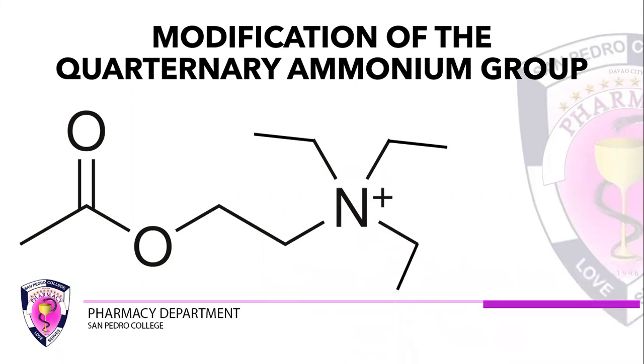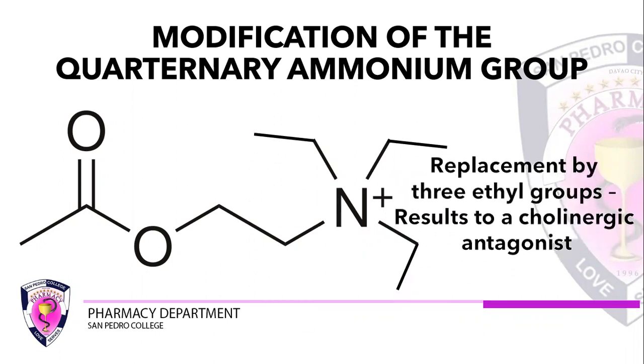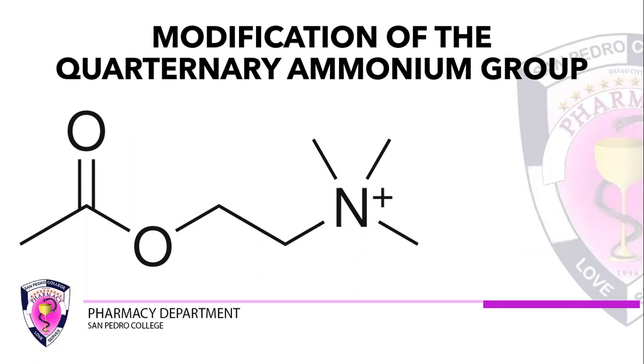Another possible modification is replacing the methyl groups with ethyl groups. From methyl to ethyl, instead of a cholinergic agonist, it became a cholinergic antagonist. So it's the opposite. So reject again for this modification.